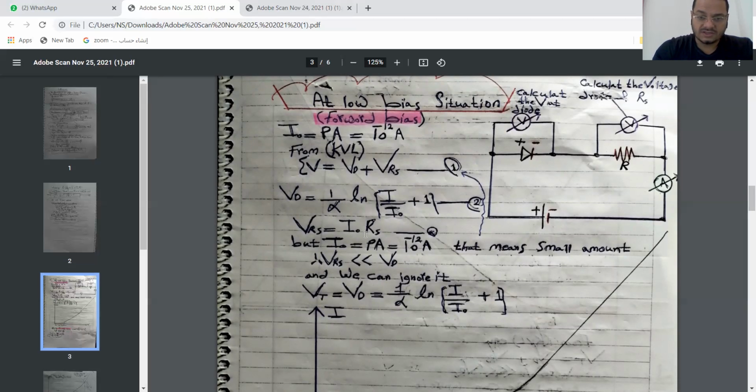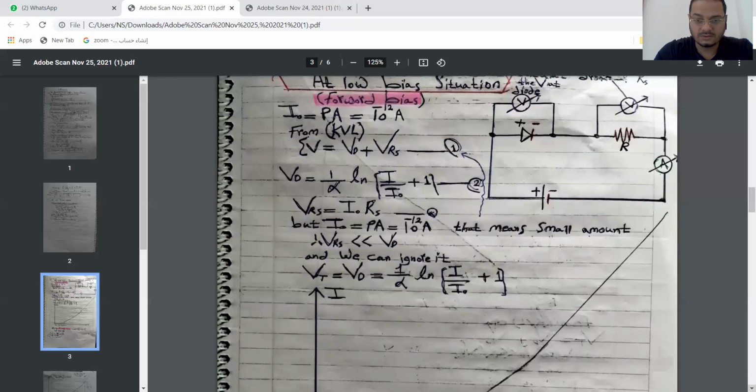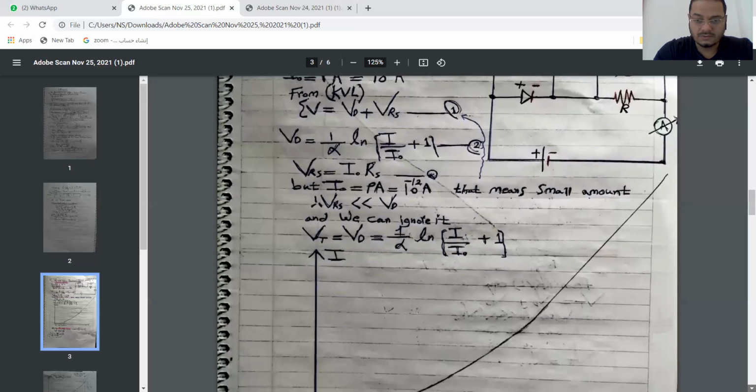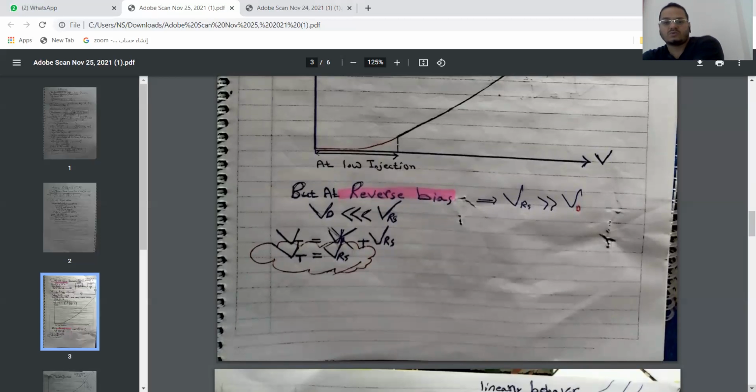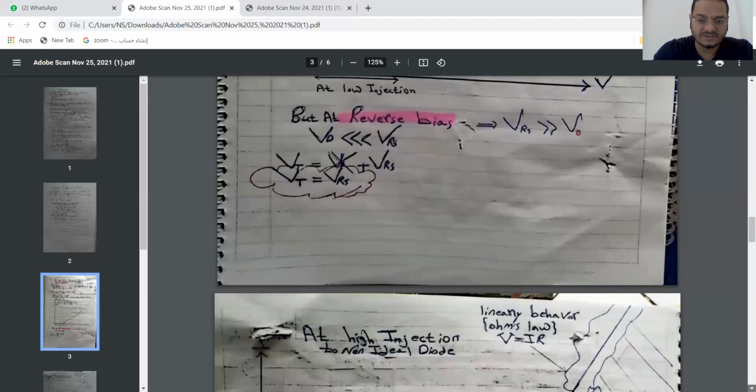But here, the saturation current has a very small amount, so we can ignore the VRS value and V equals Vd. At reverse bias, the situation will be different, because here the voltage at the series resistance will be huge in comparison with the Vd, so the V total will equal the voltage at series resistance at reverse bias, not forward bias.